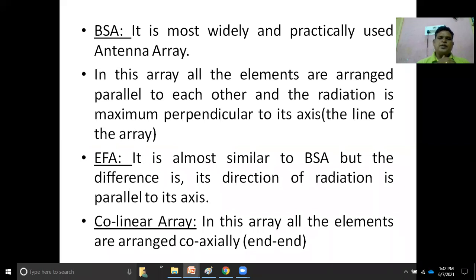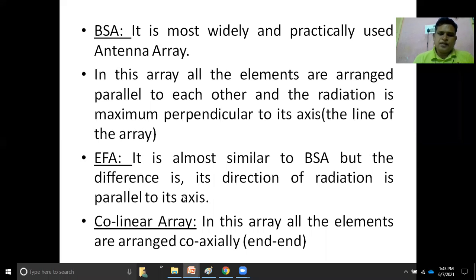If the radiation is maximum perpendicular to its axis, the line of the array, then it is called a broadside array. If the radiation is along the axis or parallel to that axis, it is called an end-fire array.